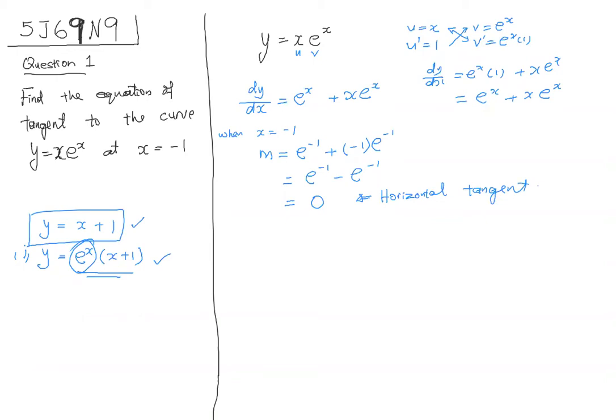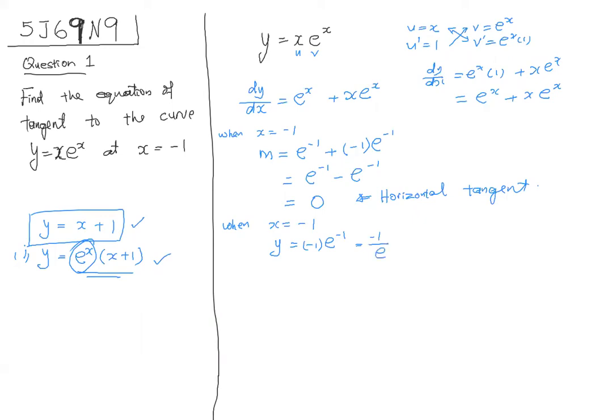After that, I need to know the y coordinate when x equals -1. What is y? Okay, Andy, Siti Haja, how to get y? Substitute -1. Substitute into which one? Tell me what to write. -1 times e to the power of -1. Yeah, so this is -1 over e. Correct?